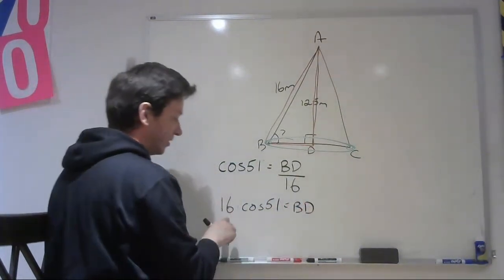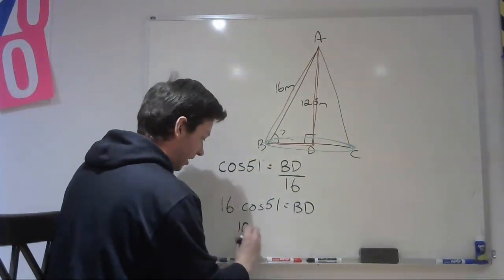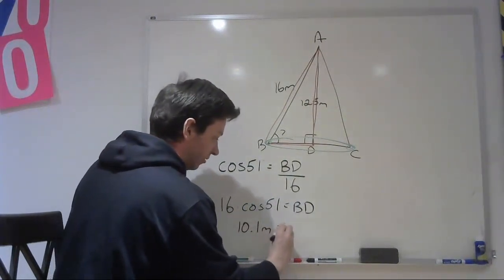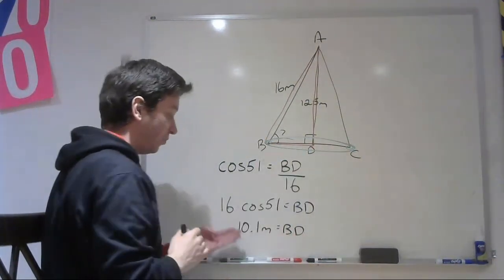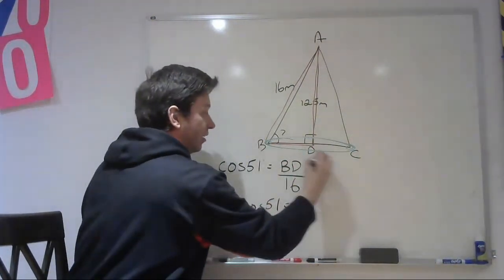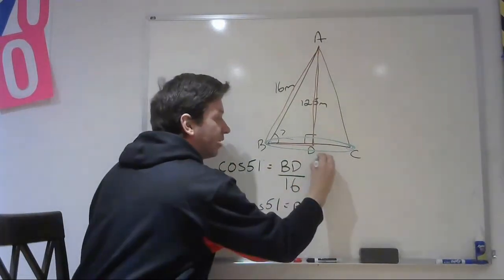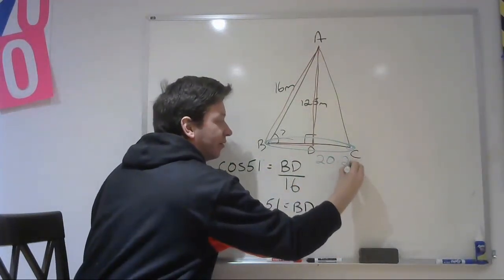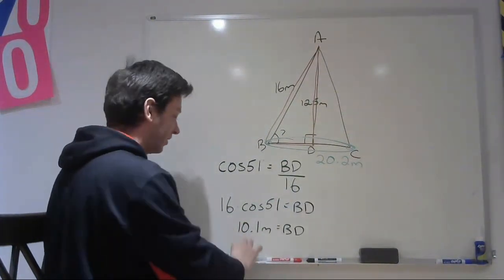Plug 16 times cos 51 into a calculator, and I'll get 10.1 meters. That means this entire length is twice that, which would be 20.2 meters. Twice 10.1 is 20.2 meters. All right, that's using our trig function.